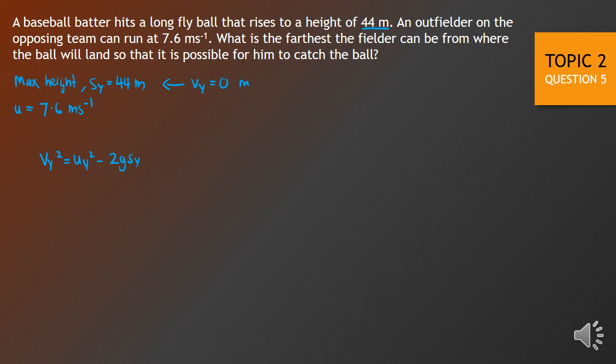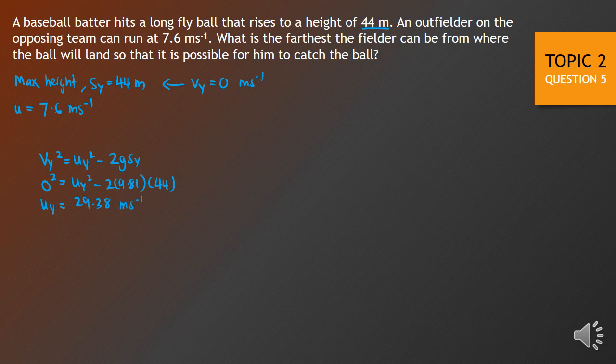So this one would be 0 squared equal to uy squared minus 2 times 9.81 and sy is 44 meters. So vy is 0 when the height is 44 meters, at its highest position. Then uy would be 29.38 meters per second.